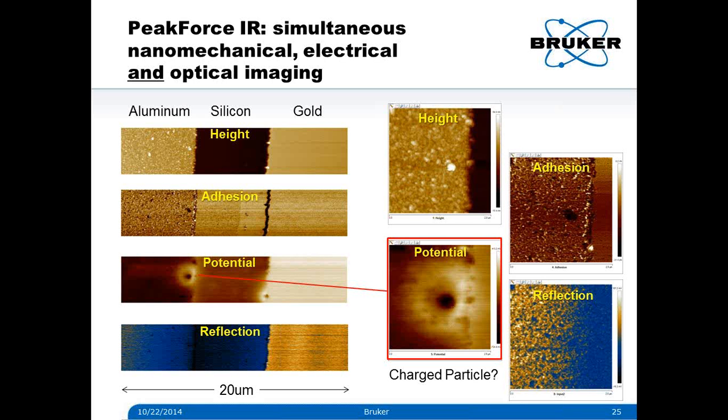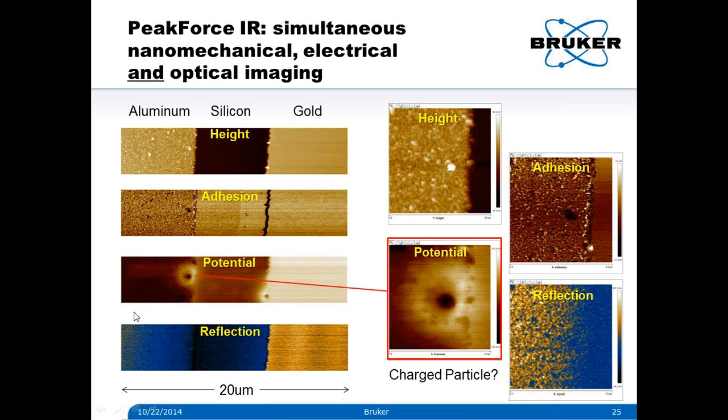Now, we can combine infrared mapping not only with nanomechanical mapping, but also with electrical mapping. Here we combine it with KPFM. We look at a 20 micrometer large sample. We have aluminum on the left side, then we have a silicon trench in the middle and gold on the right side. Already from adhesion, you see some contrast, for example, between silicon and aluminum.